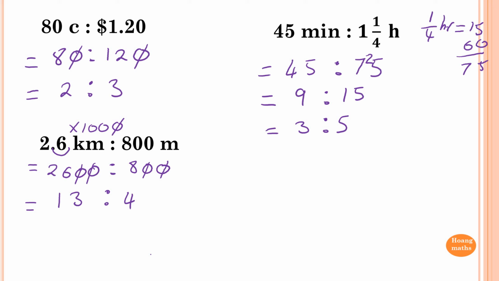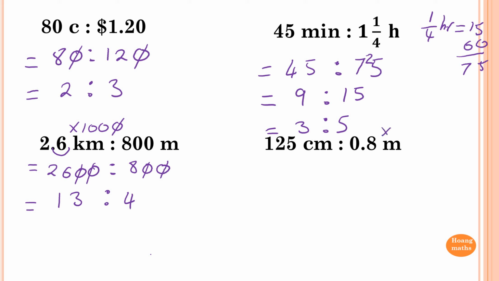Now, last one. This one here. 125 centimeters to 0.8 meters. Of course, we need to convert to the same units because they are different units at the moment. Converting meters to centimeters is much easier, because one meter is 100 centimeters.